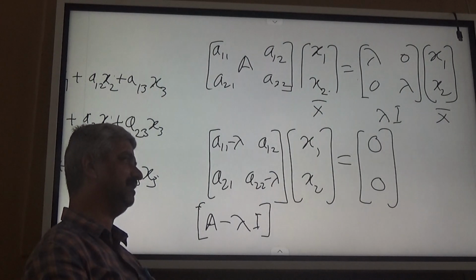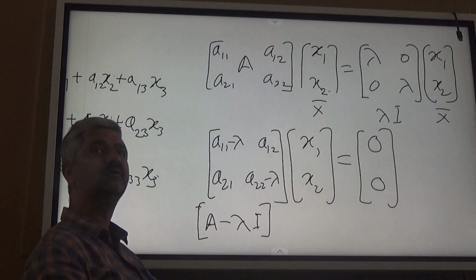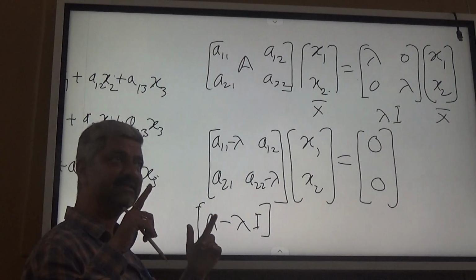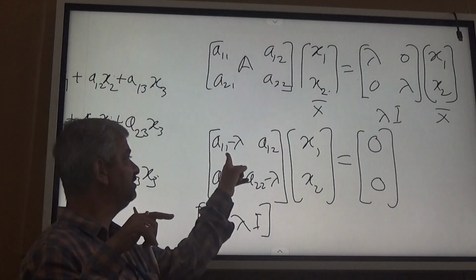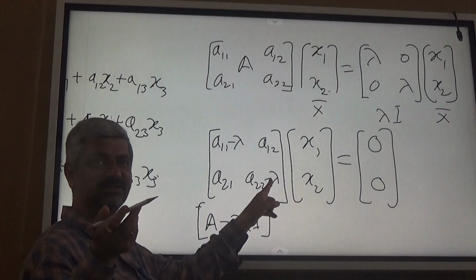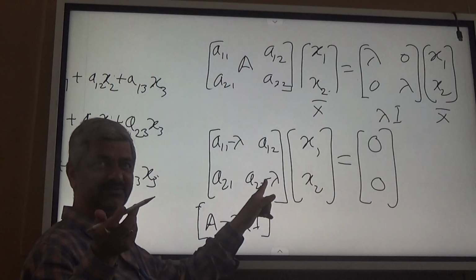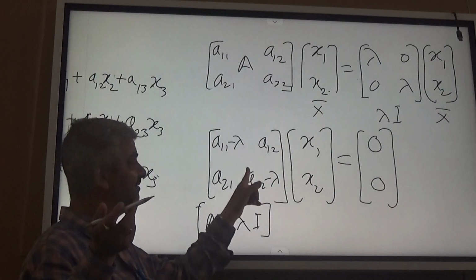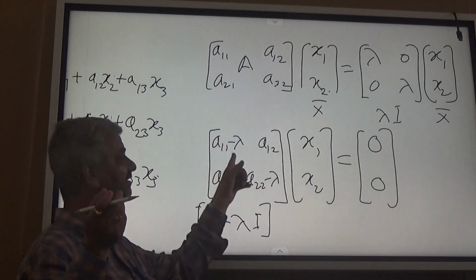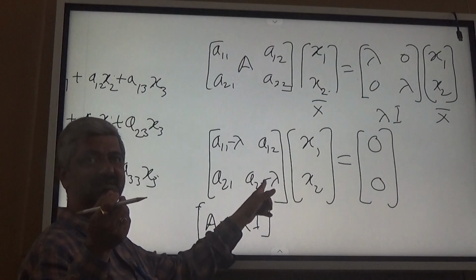What should I get when that is possible? A minus lambda I equal to 0 means this 0, this 0, this 0, this 0. If all are 0, then you get A11 is lambda, this is lambda.